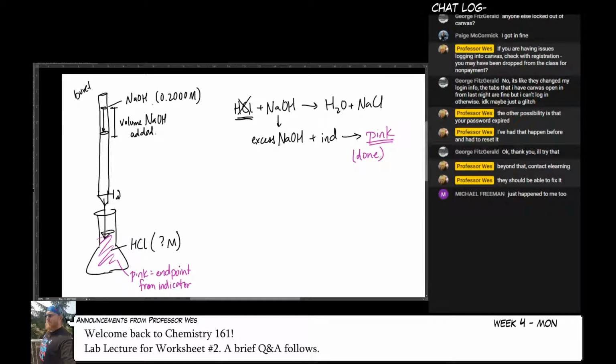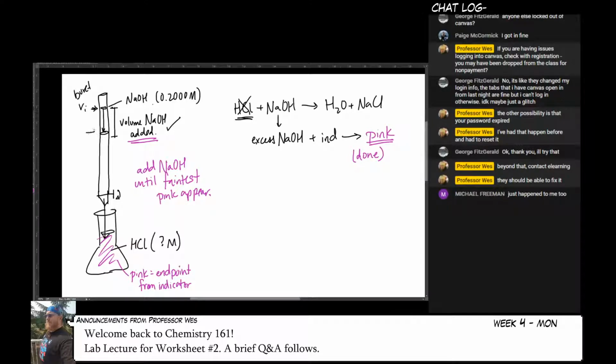So what we do for our titration technique is that we're going to add sodium hydroxide until you see the faintest pink up here. And then once the faint pink has appeared, you stop the titration. And then we have the following quantities. We know how much volume of NaOH we added because we can measure where we started.